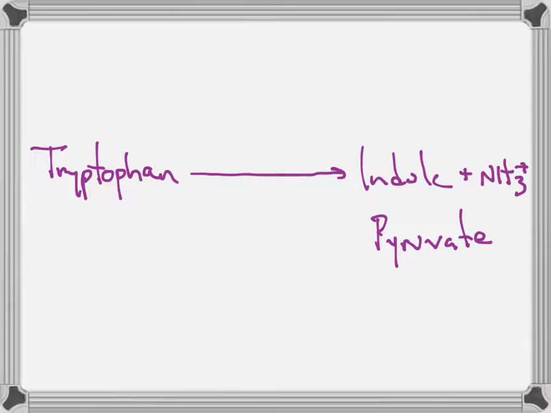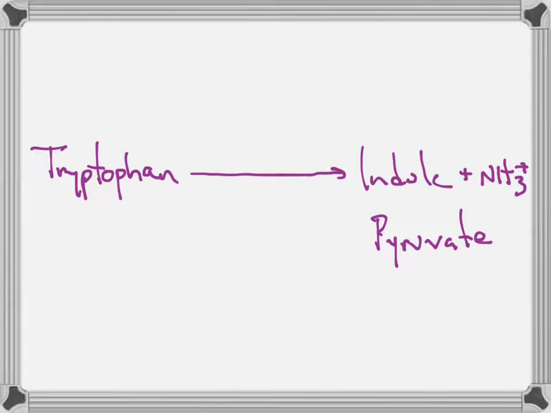So what this says is that there are certain carbon sources, amino acids being one class of them, that can't be fermented. They can only be metabolized by some form of respiration, aerobic or anaerobic.